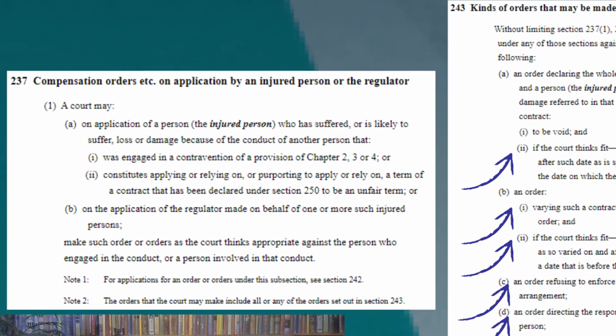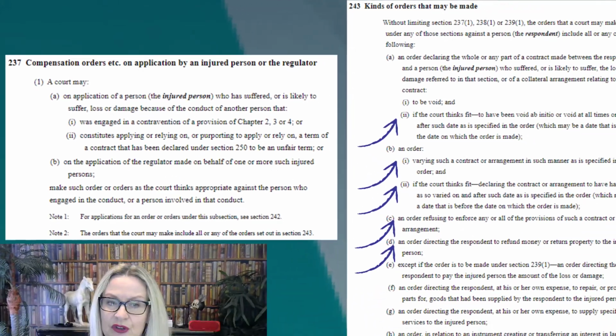237 says, a court may, on application of a person who suffered or is likely to suffer loss or damage because of conduct of another person that was engaged in a contravention of Section 18, make such order or orders as the court thinks appropriate against the person who engaged in the conduct, or again, accessorial liability, a person involved in the conduct.